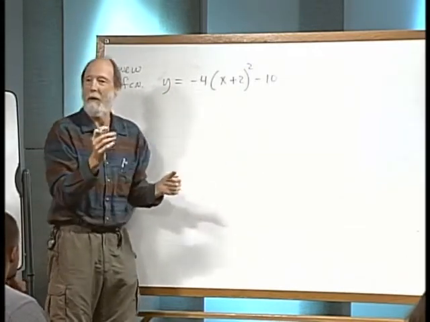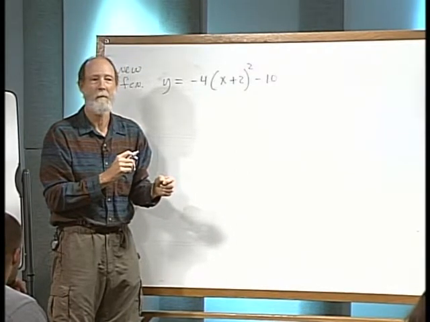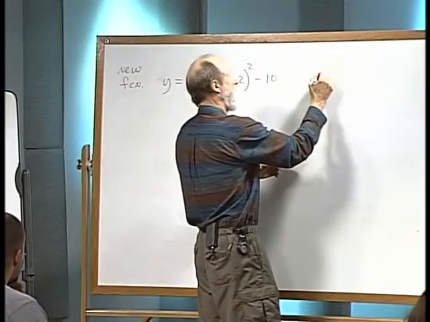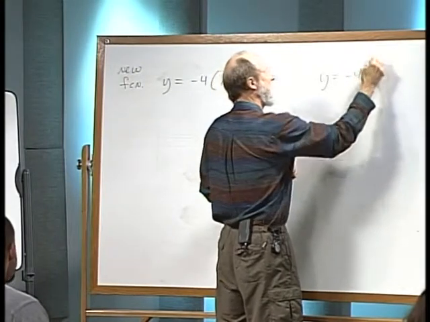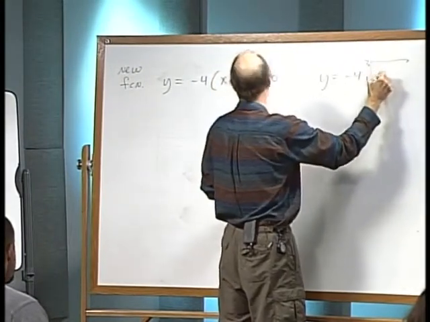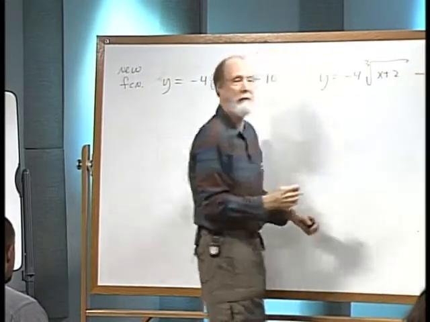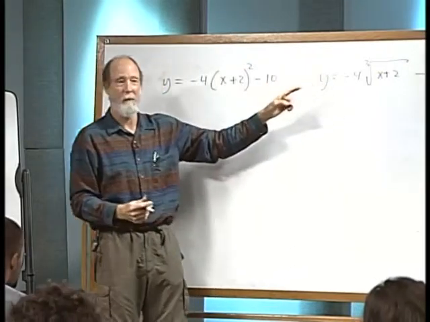Okay? Somebody else give me a different one of our library of functions. Cube root, okay. y equals minus 4 cube root of (x plus 2), and then off the tail end of that, subtract 10. Same basic type of idea, isn't it?